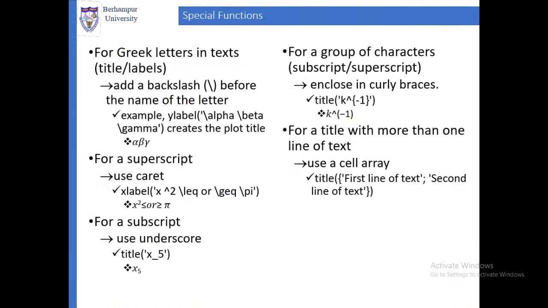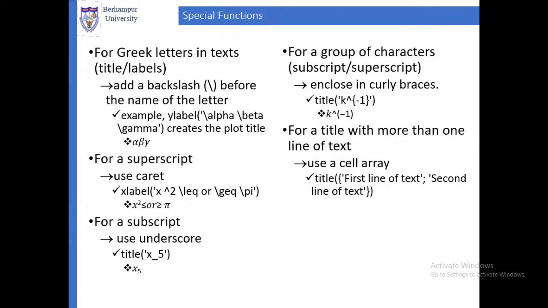Now some of the special functions. Suppose we are using engineering or science notations. Usually in science and engineering you require such notations, and those notations come from Greek letters. If you want to use Greek letters in text, instead of ABCD, you want alpha, beta, gamma, etc., then add a backslash before the name of the letter.